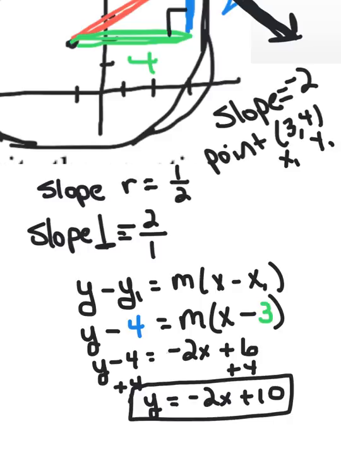So that gives me negative 2x plus 6. The next step is to get y by itself, so I'm going to add 4 to both sides. So we add 4 to both sides, and we get y equals negative 2x plus 10, and this is the equation of our tangent line, and that's all there is.